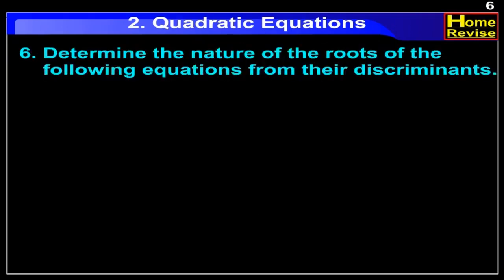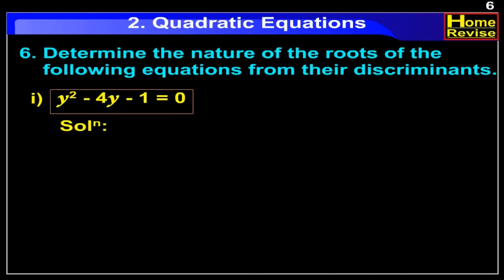Determine the nature of the roots of the following equations from their discriminants. Number 1. y² minus 4y minus 1 is equal to 0. Solution. The given equation is y² minus 4y minus 1 is equal to 0.